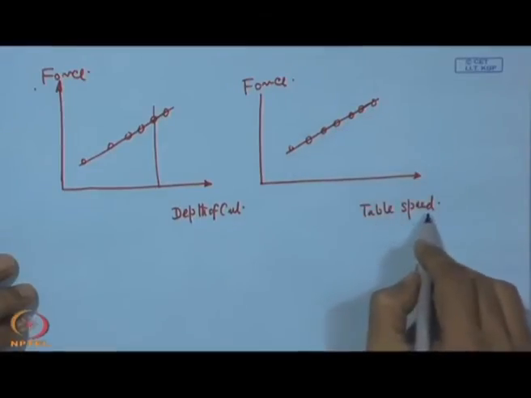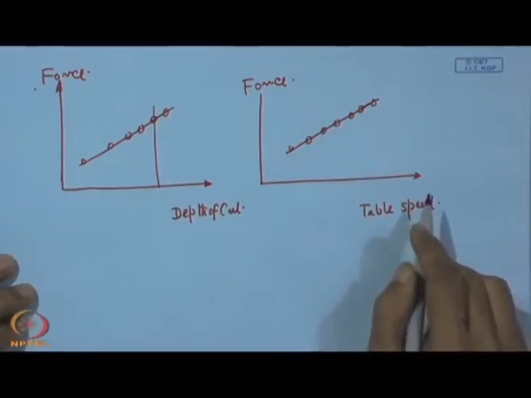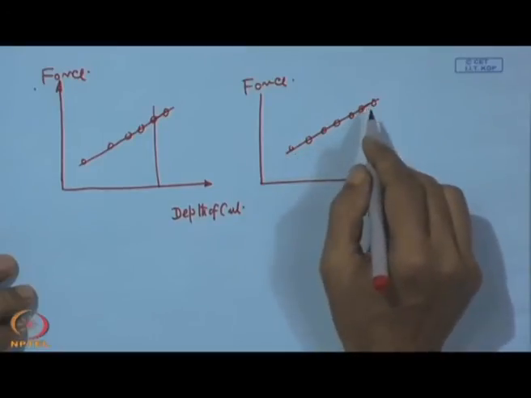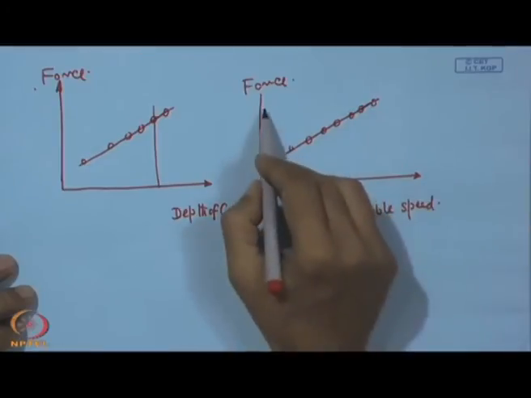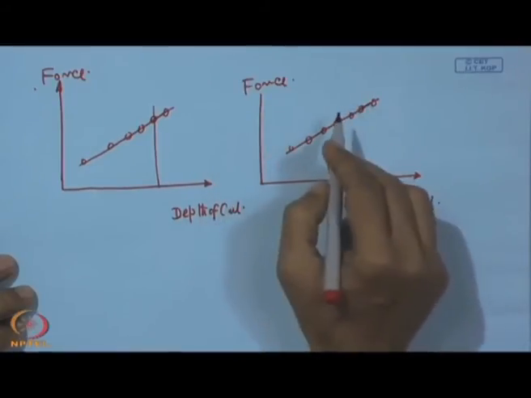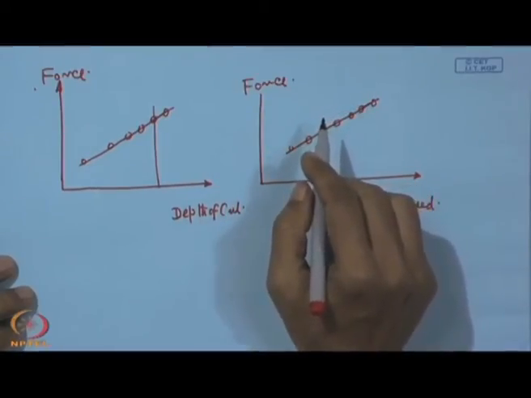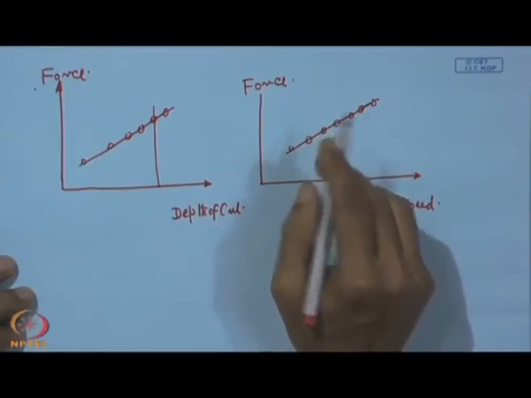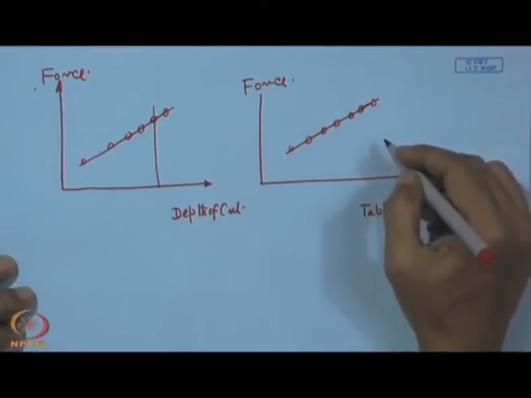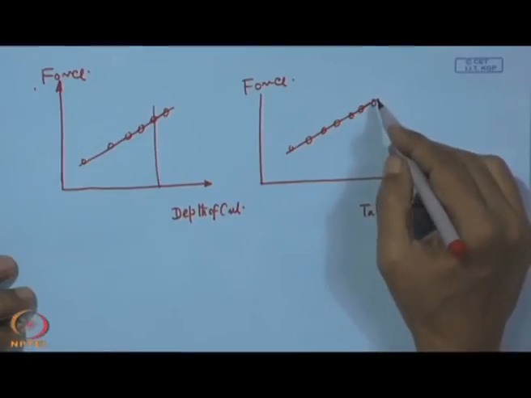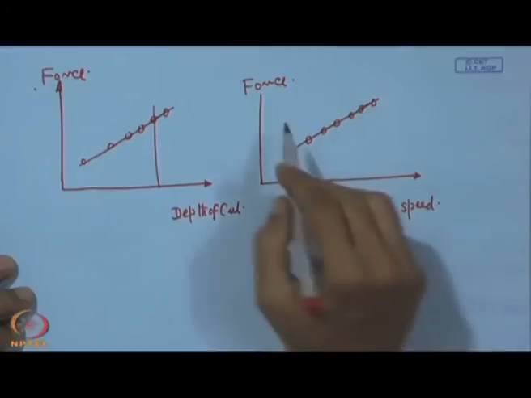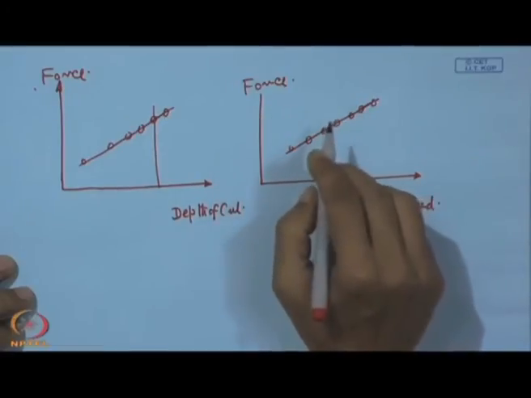If we increase the table speed, and if we see that the coating survives over the entire period of cut and having a particular force level up to which the coating is integrated with the substrate, then we can also say that the adhesion is good, adhesion is quite satisfactory up to that level of force.